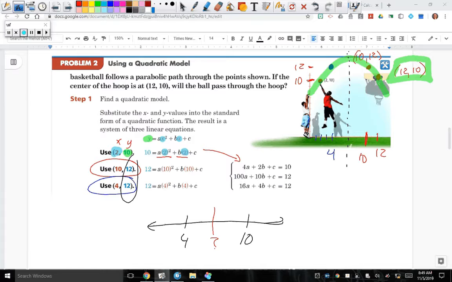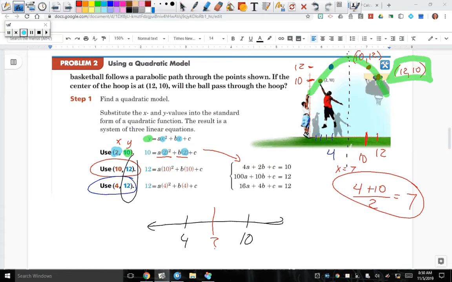Add them, divide by 2. So it occurs at 7. So the vertex, we found by this symmetry, and dividing by 2, we see that x equals 7 would be the vertex somewhere in the middle.